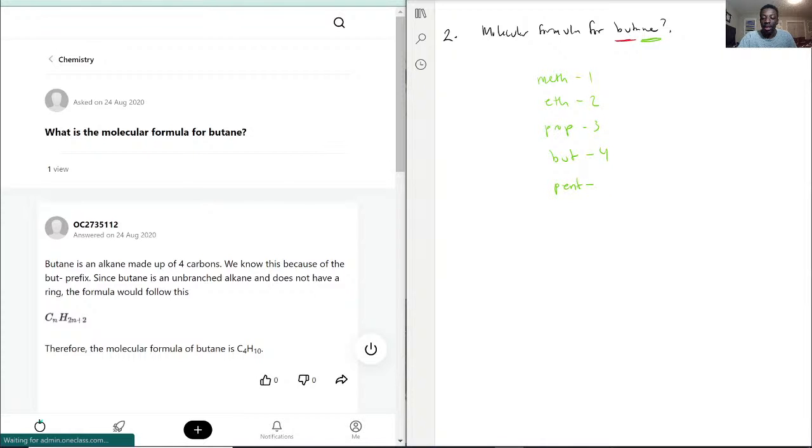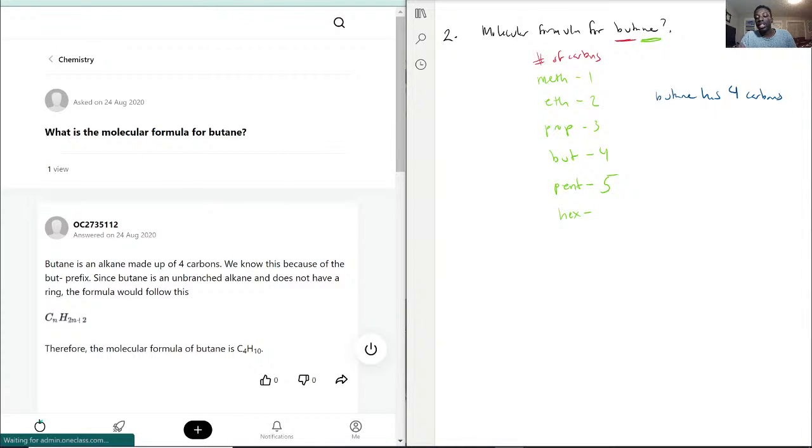PENT is 5. So there's 1, 2, 3, 4, 5, and it goes on so forth. Like you have hexane for 6, and it keeps going like that. So this is the number of carbons. What this is saying is that butane has 4 carbons, okay?